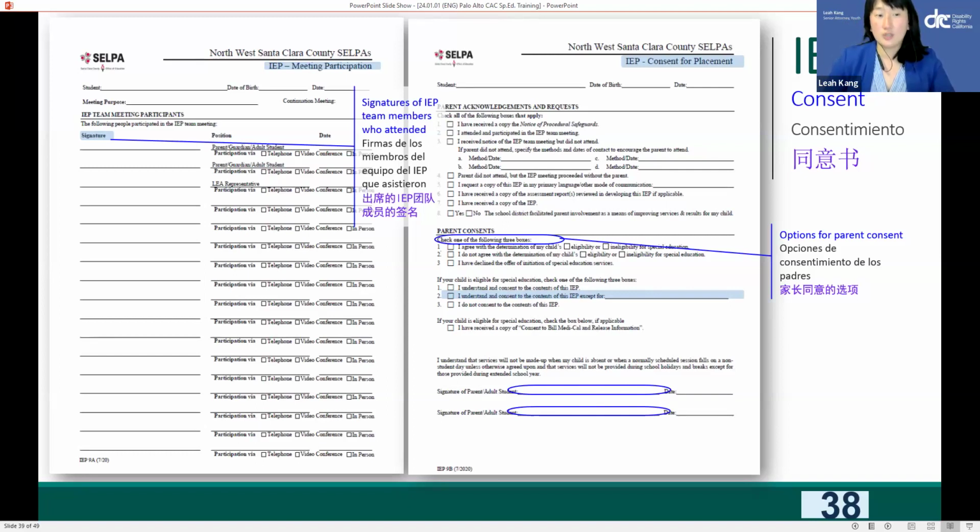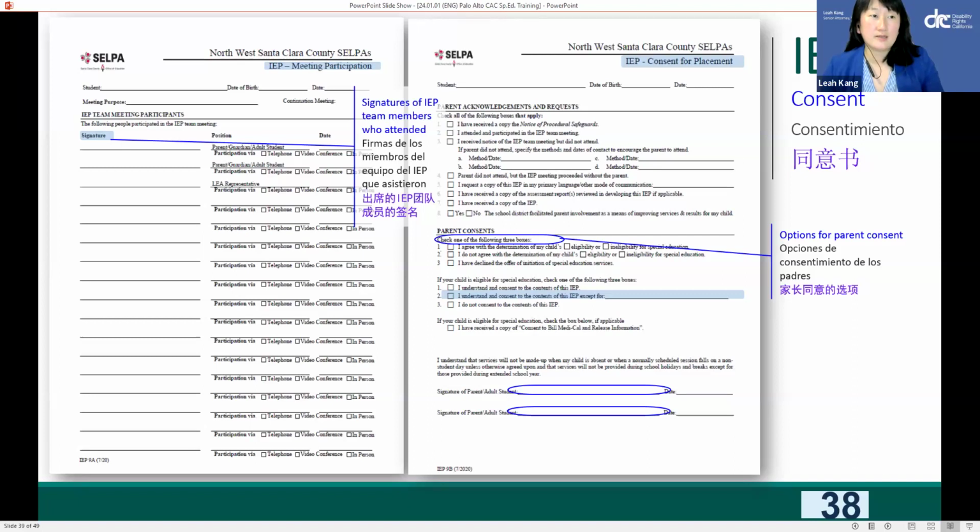But I actually don't agree with, and you can write it out, you know, I think that there's another category of disability that my student should be eligible under, or I disagree that you're not providing such and such services that the student really needs. So there's always a place for you to have your voice heard. And I just want to make sure that parents are aware of that.